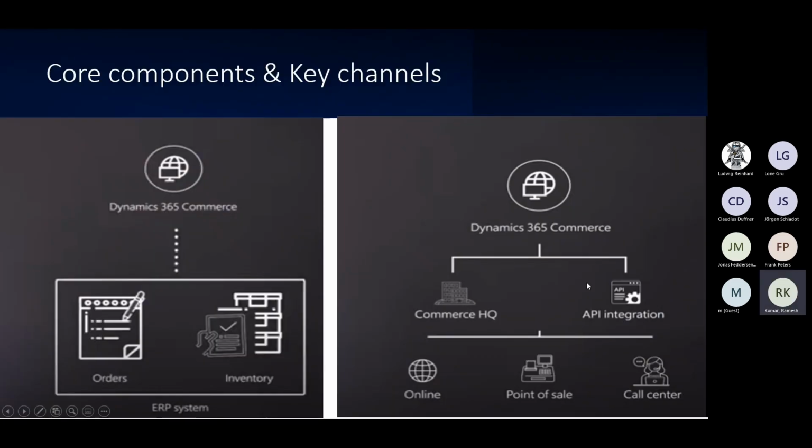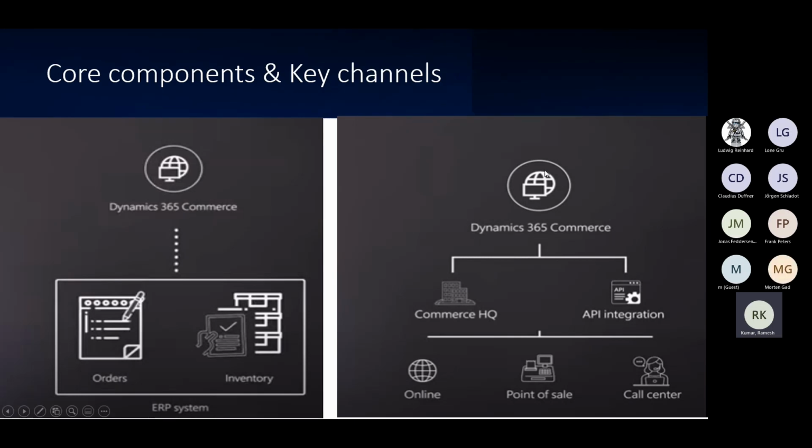Now let's go to the core components and the key channels. As I said before, we have mainly two core components and three key channels. Here you can see one is the ERP system, which is mainly used to take the orders and as the backend financial and inventory system.